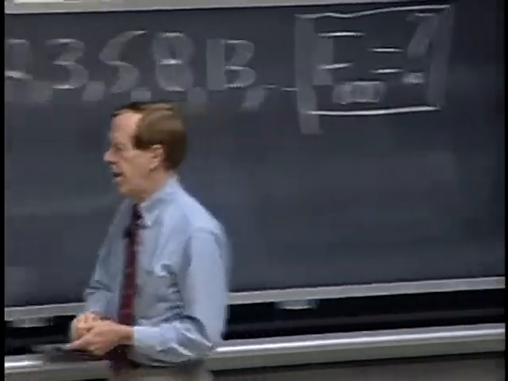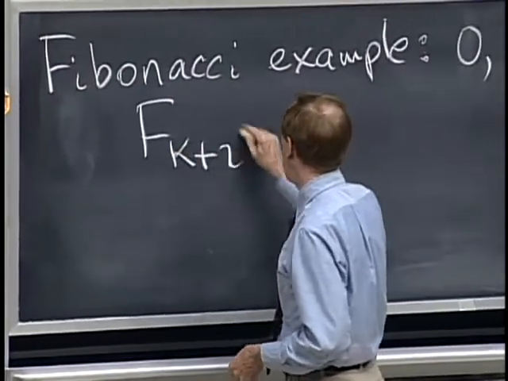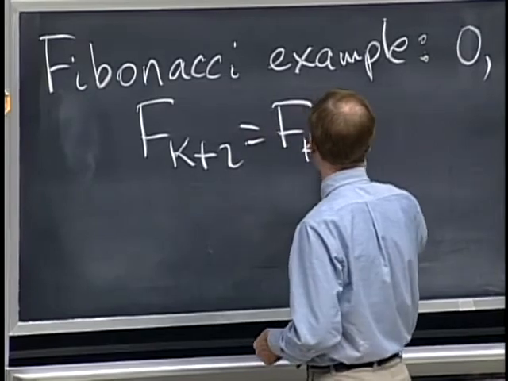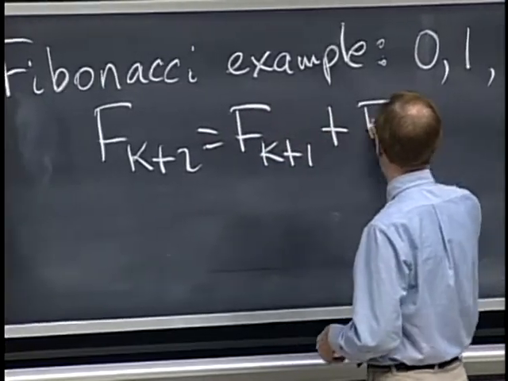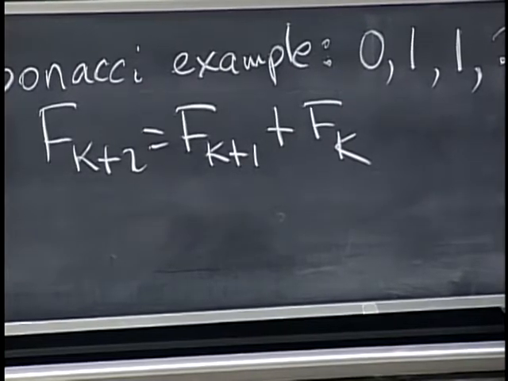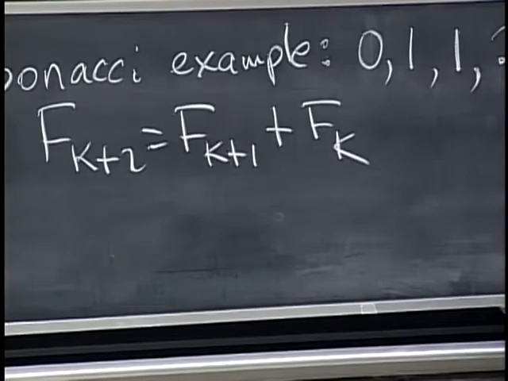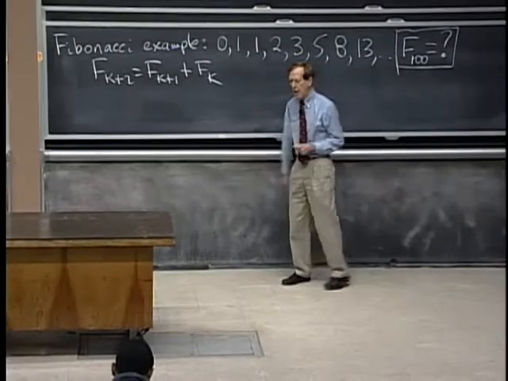So let me write down the Fibonacci rule. F(k+2) is F(k+1) plus F(k). Right? Now that's not in my form. I want to write that as u(k+1) equals A u(k).